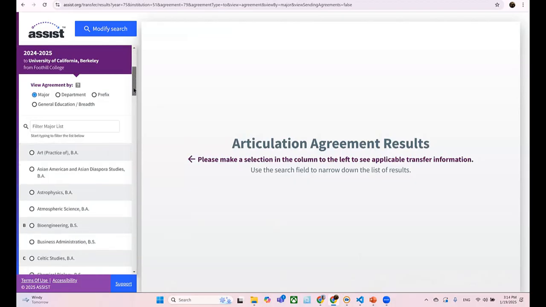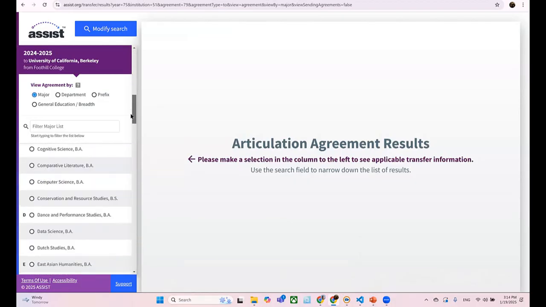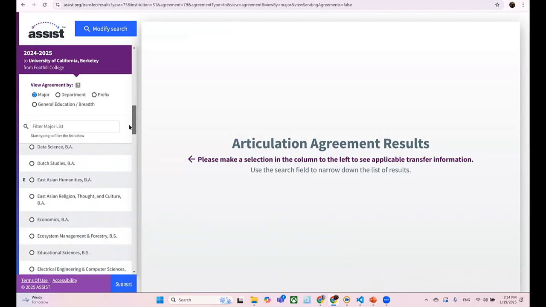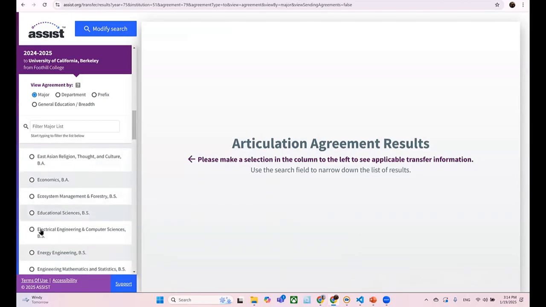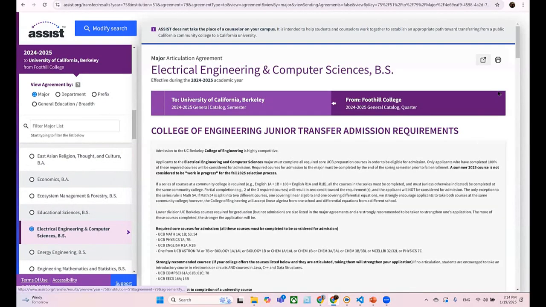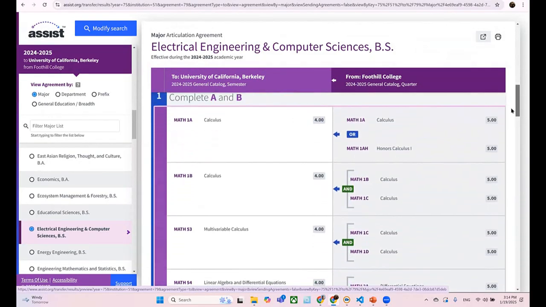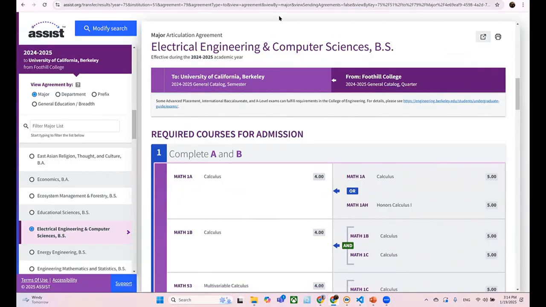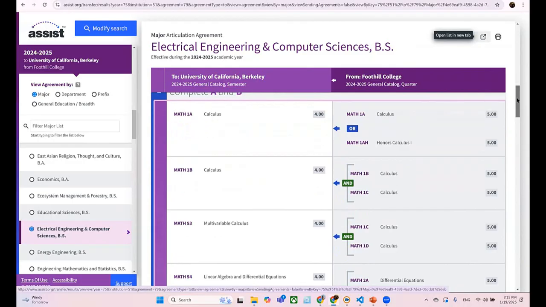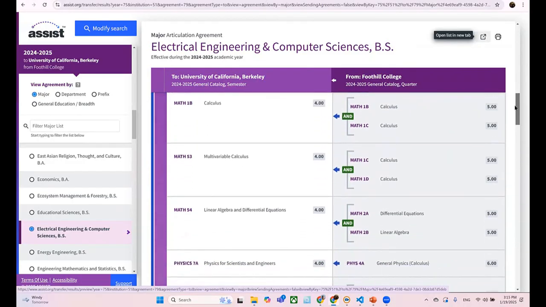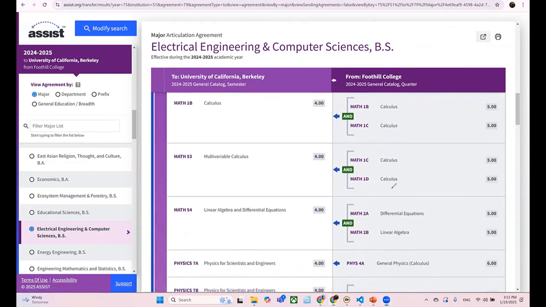Let's assume that you go to the X department. Nowadays, I recommend X instead of computer science. So let's look at X. This X department will tell you what courses they accept. Right-hand side is Foothill, left-hand side is UC Berkeley. Math 1A, 1B, that is calculus, that's good. Calculus, you can swap for it. And then you take the differential equations and linear algebra from Foothill College, 2A, 2B.